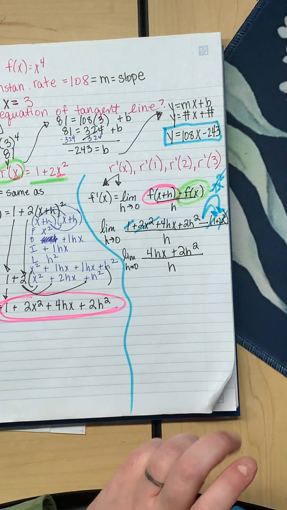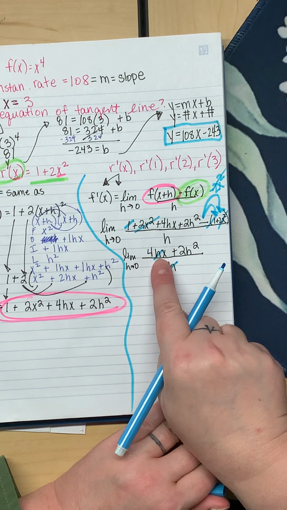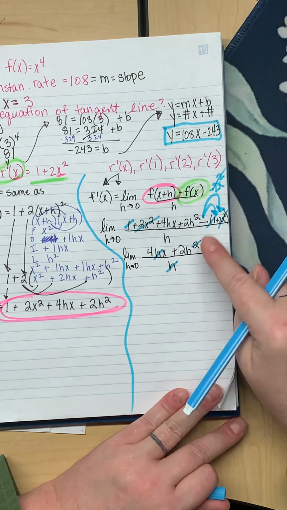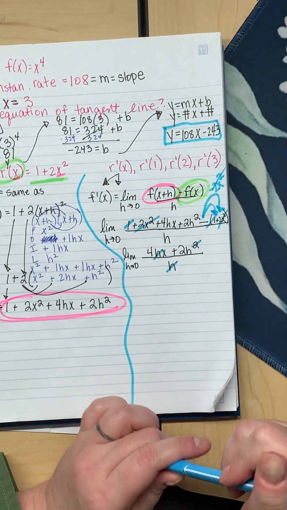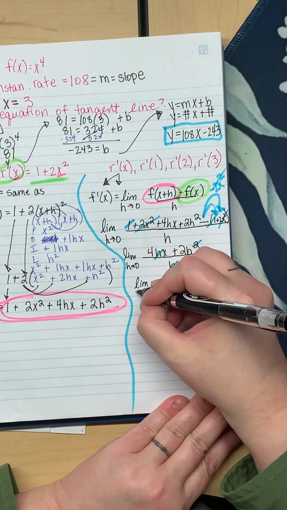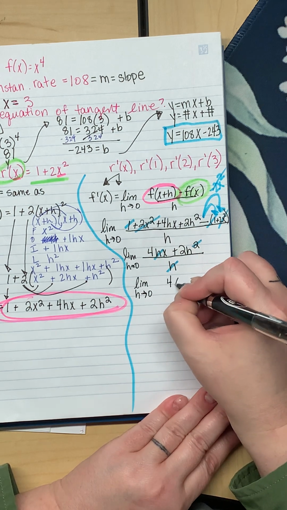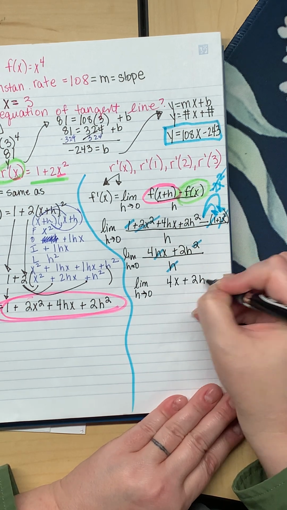Okay, now we're going to cross out some h's. This h on the bottom crosses out with one of the h's from 4hx and one of the h's from 2h squared. So you're left with this limit stuff, and then 4x plus 2h.